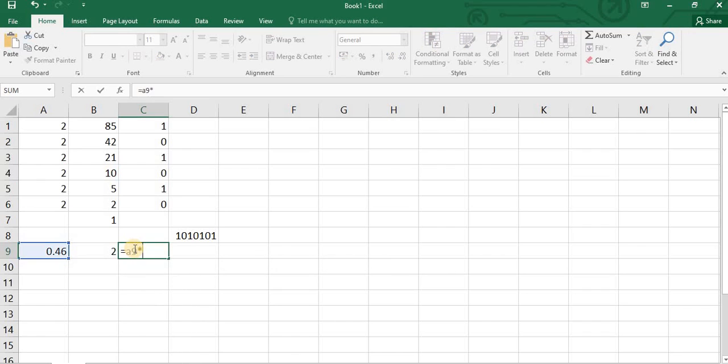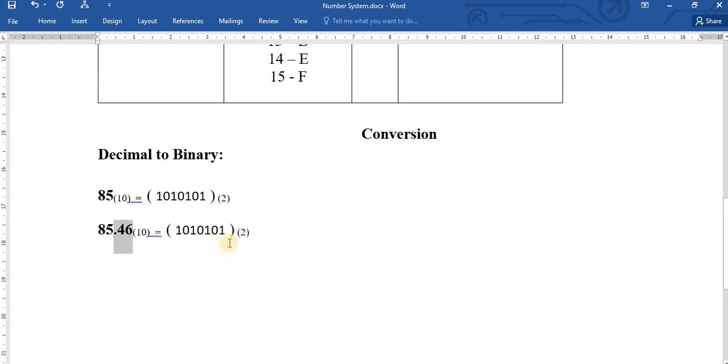Basically what I am doing here, I am multiplying this value by 2. Multiply your decimal part by 2, you will get 0.92. So before decimal you are getting 0, so this is your value. So write down here 0.